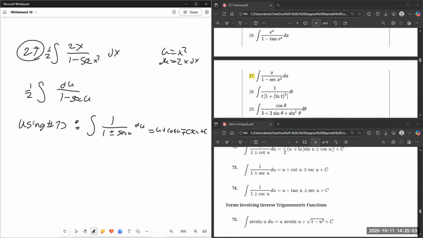So this is going to be equal to 1/2 of, and u is x squared, plus cotangent of x squared, minus plus, that's a minus, that's going to change to a plus, cosecant of x squared plus c. And I'll just leave it just like that. I'll just change these brackets to parentheses here. I think that's completely fine to leave it like that.